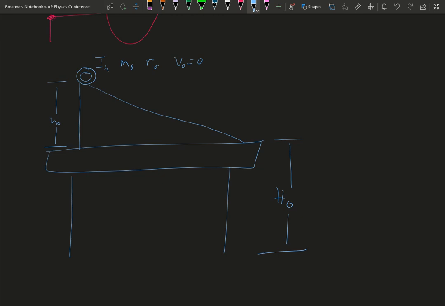Question A. The figure below represents the hoop traveling along the ramp. Draw a force diagram that shows and labels the forces, not components, exerted on the hoop.